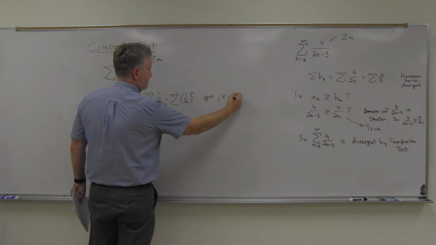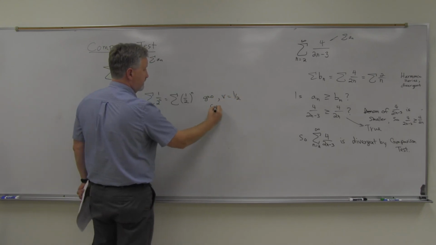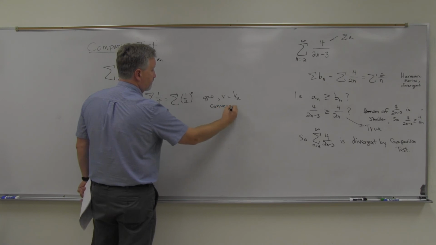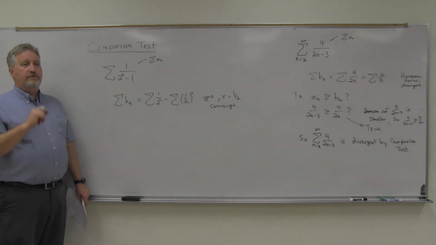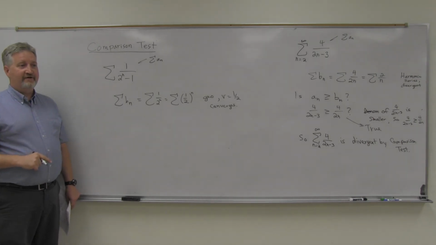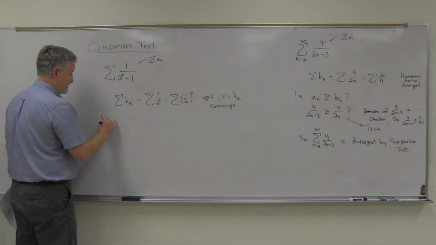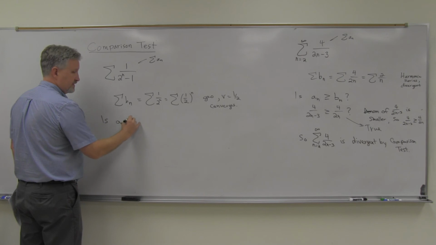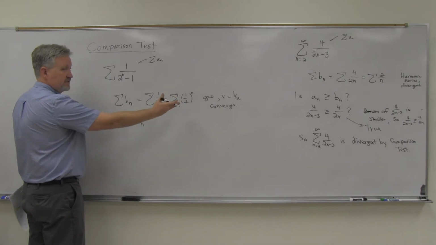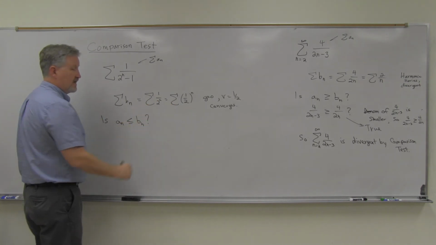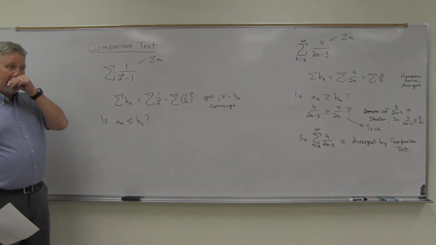R equals 1/2. Convergent, right? So we got b sub n convergent. So for a comparison test to work, I need what? Is a sub n less than or equal to b sub n? Since b sub n is convergent, I need that to be true.